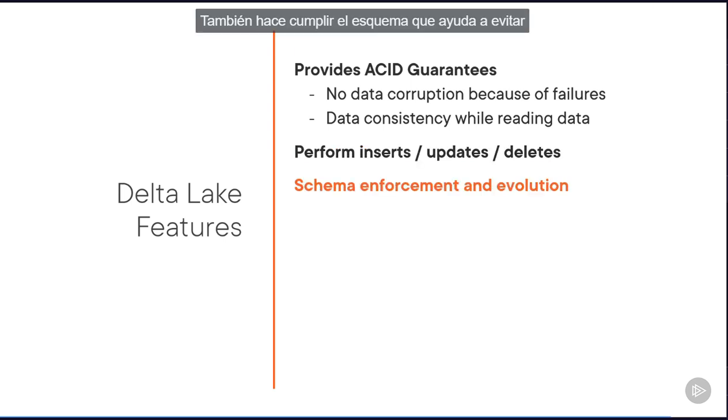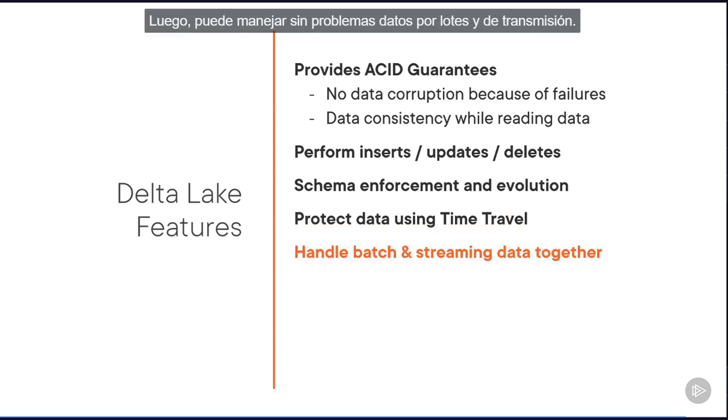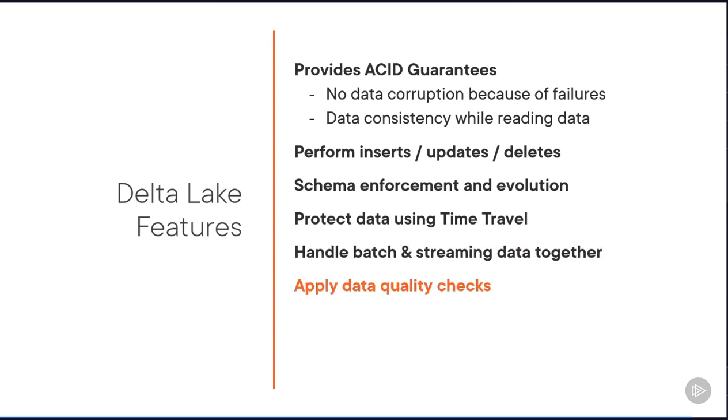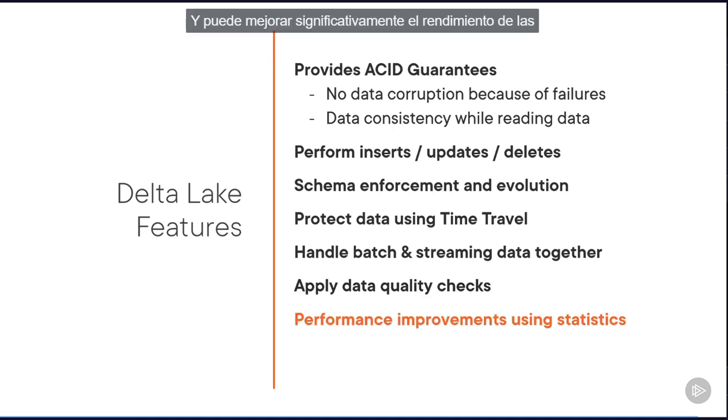It also enforces the schema that helps in preventing bad data being added. You can also look at previous versions of data using time travel. Next, it can seamlessly handle batch and streaming data. You can also apply various data quality checks, and it can significantly improve query performance using statistics.